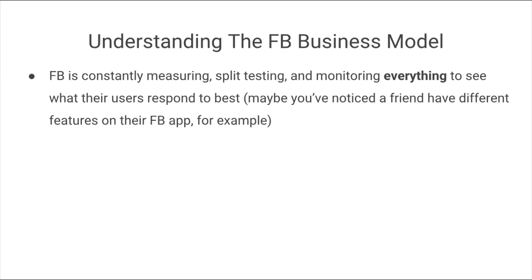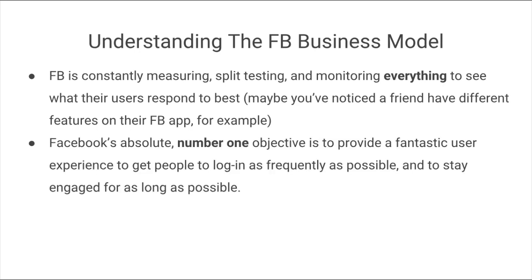Now, Facebook is constantly measuring, split testing, and monitoring everything to see what their users respond to best. Maybe you've noticed a friend or family member have different features on their Facebook app, for example, a slightly different layout or new features. This is an example of Facebook split testing in action. They're constantly testing new features to see how their users interact and engage with them.